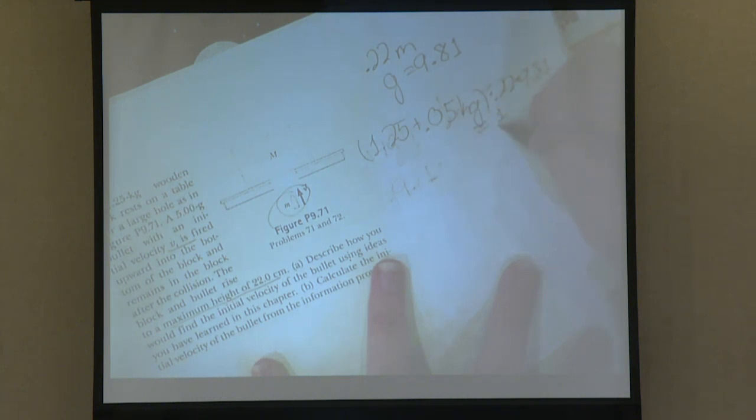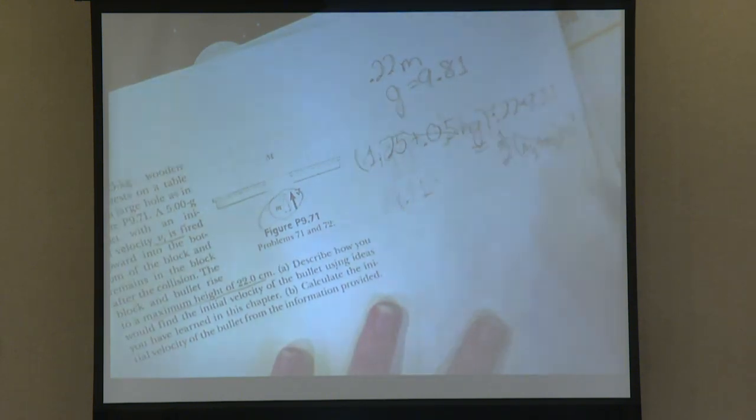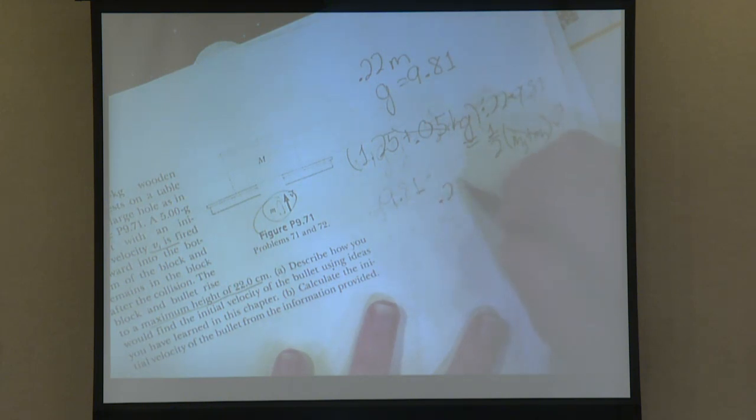And that's equal to 1/2 the combined mass, m1 plus m2, times v squared. You can cancel out the masses here, and you know that 0.22 times 9.81 is equal to v squared over 2.